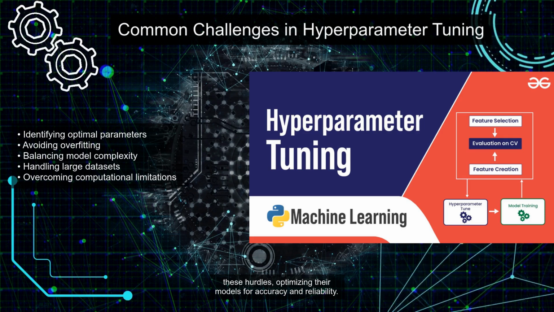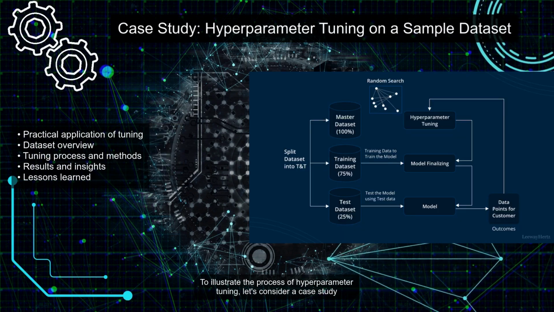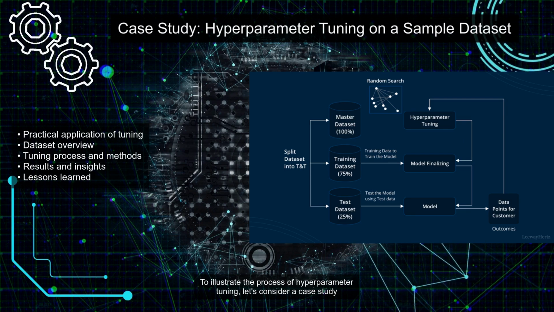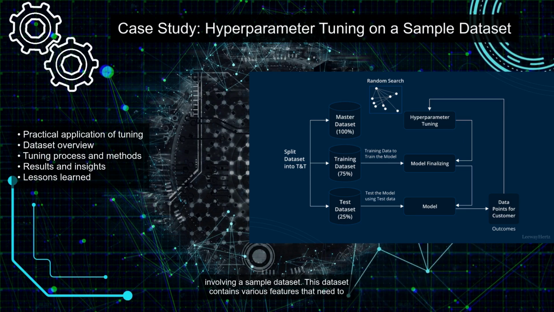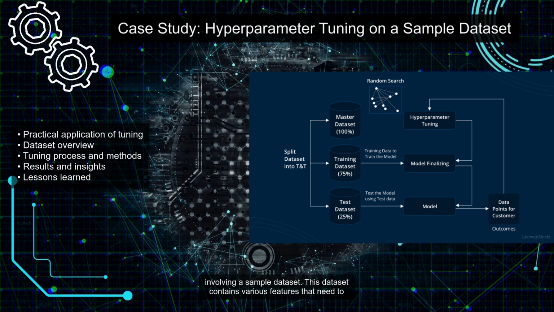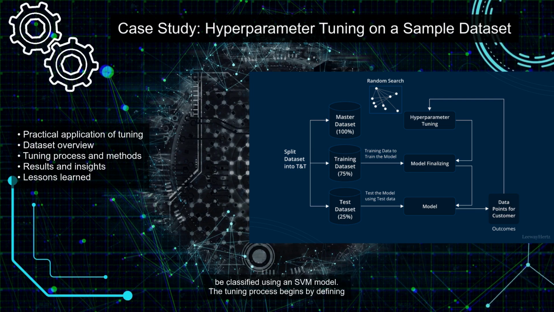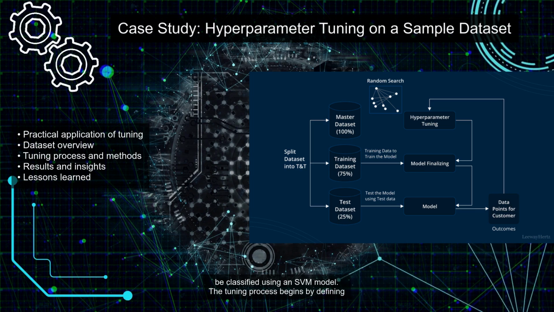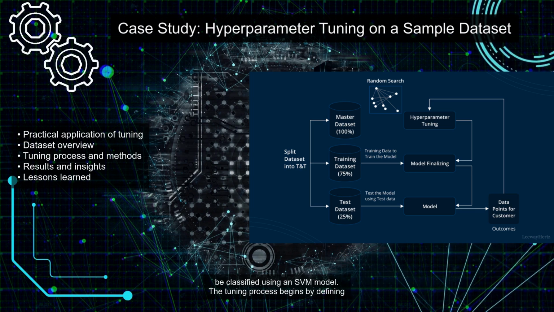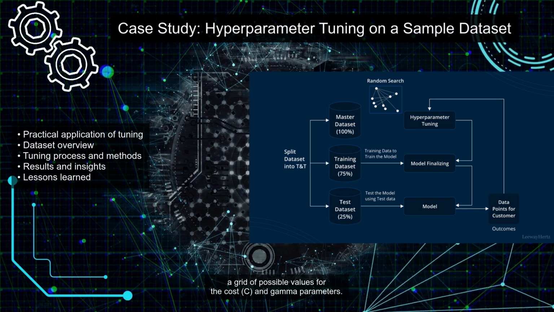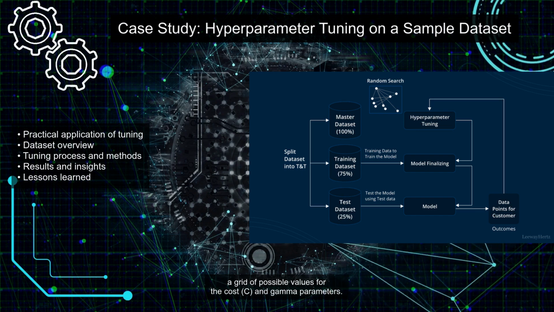To illustrate the process of hyperparameter tuning, let's consider a case study involving a sample dataset. This dataset contains various features that need to be classified using an SVM model. The tuning process begins by defining a grid of possible values for the cost and gamma parameters.